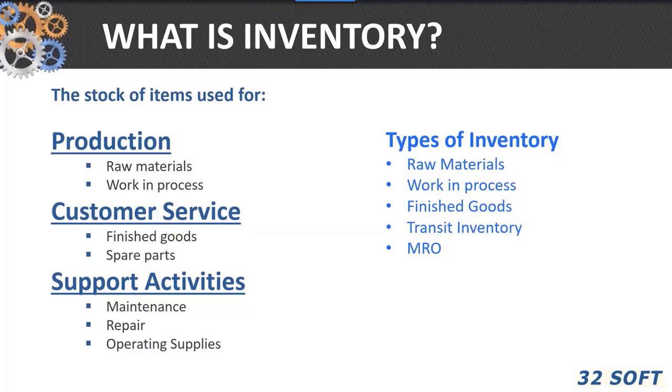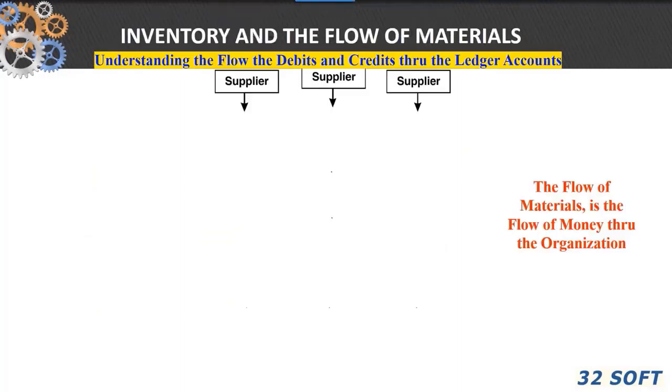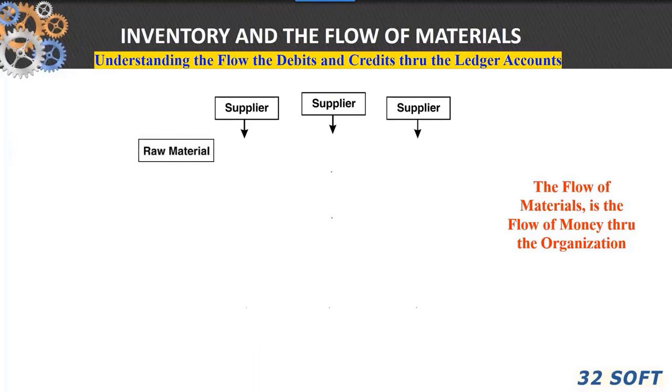The flow of inventory through the organization: we covered this a little bit in the accounting webinar that we had earlier in the year. It's basically looking at inventory as a flow of materials through the organization, because that flow of materials is actually the flow of money through the organization. It starts off with our suppliers.